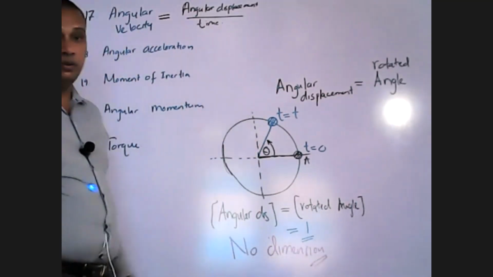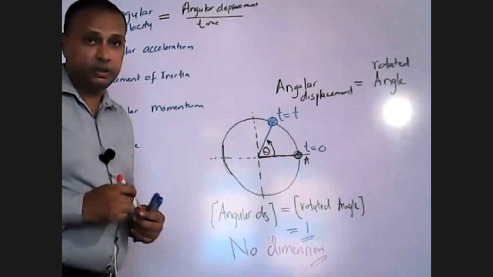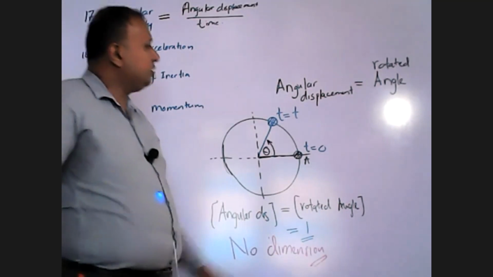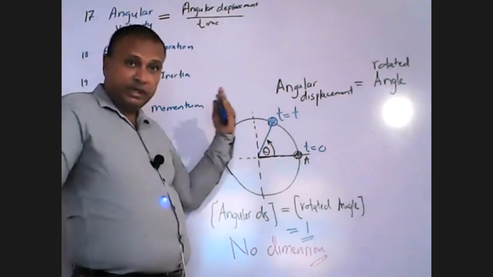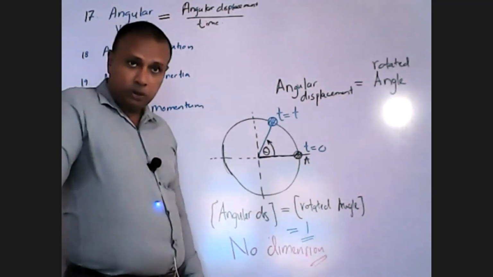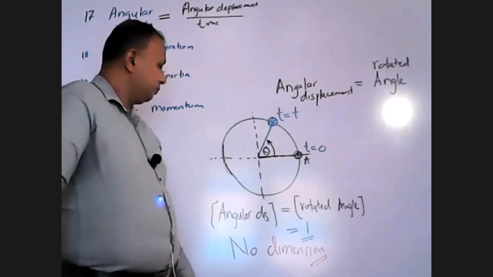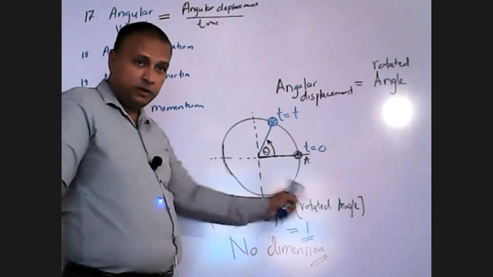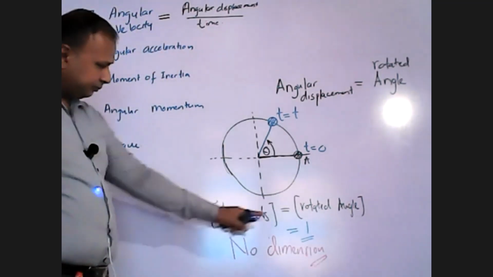First, you should do this, okay? After that, we can continue. Angular displacement is the rotated angle. So the dimension of angular displacement is equal to the dimension of rotated angle.